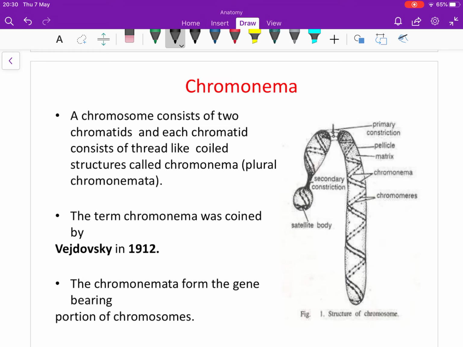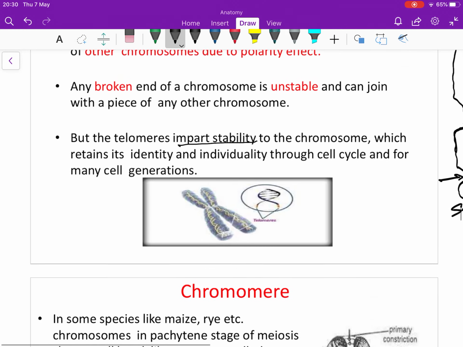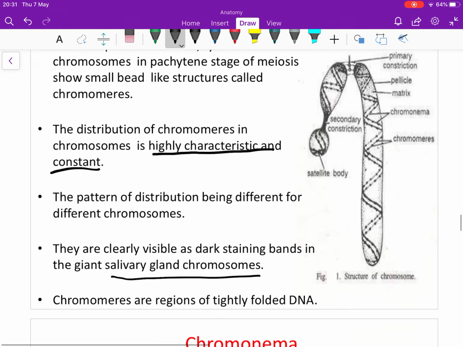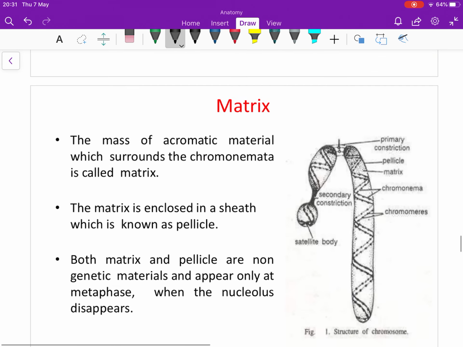The chromonemata form the gene-bearing portion of the chromosome. Now see, in this structure of the chromosome, the chromomeres are attached to lines running from one end to another end, and these lines are the chromonema. From each chromonema, a chromatid is formed.